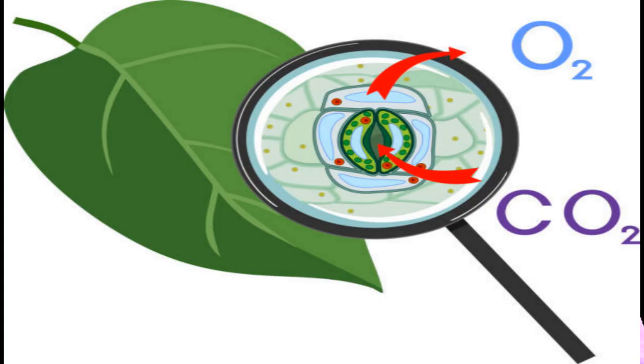When the stomata are open, gases like oxygen and carbon dioxide freely diffuse in and out according to concentration difference. You have studied about osmosis and diffusion. At night, when stomata remain open, oxygen enters and carbon dioxide exits as part of respiration.